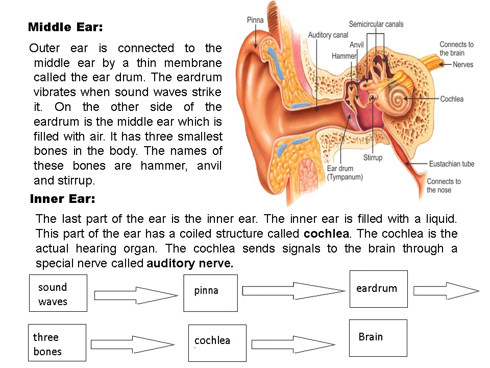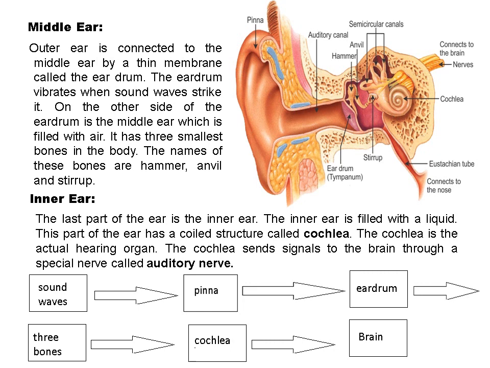On the other side of the eardrum is the middle ear, which is filled with air. So the middle portion of the ear has three smallest bones inside it. Those are named after three mechanical tools: hammer, anvil, and stirrup.